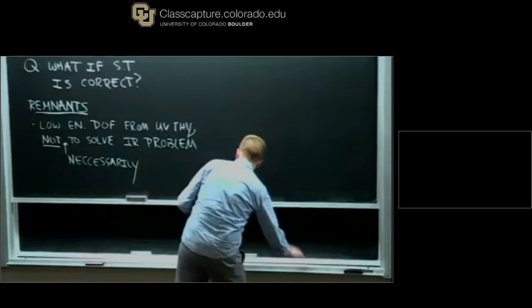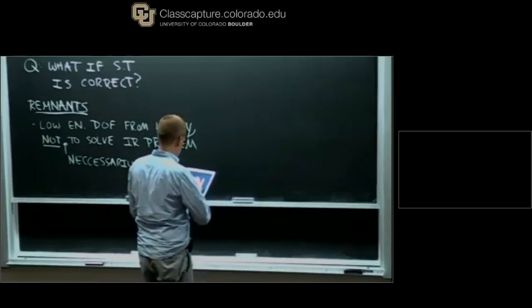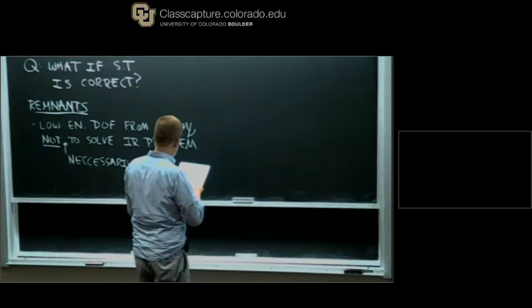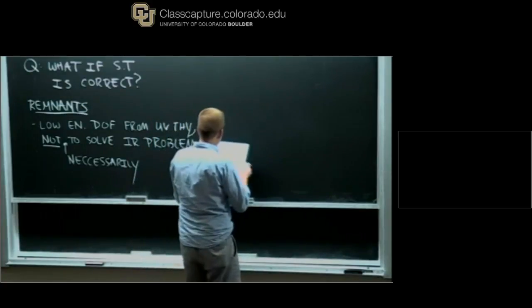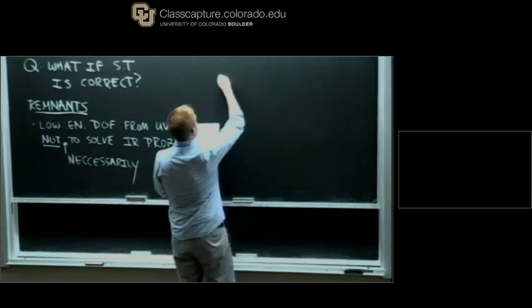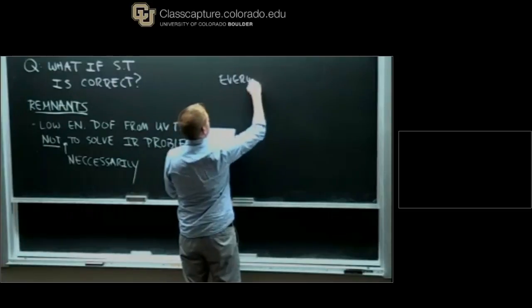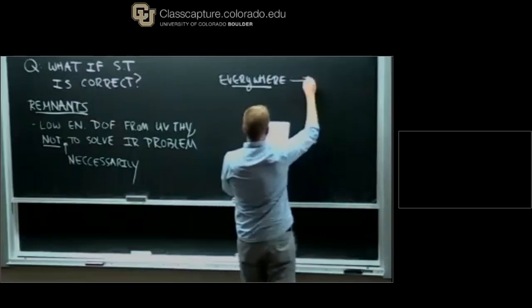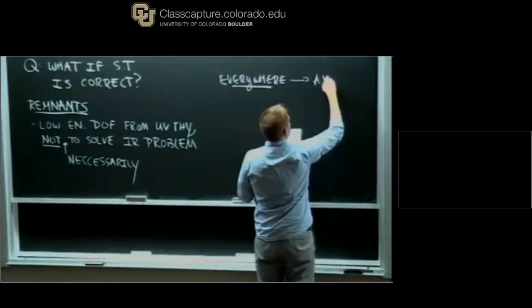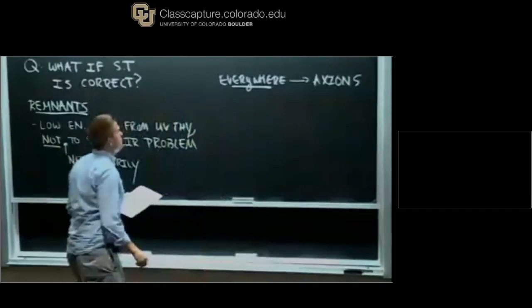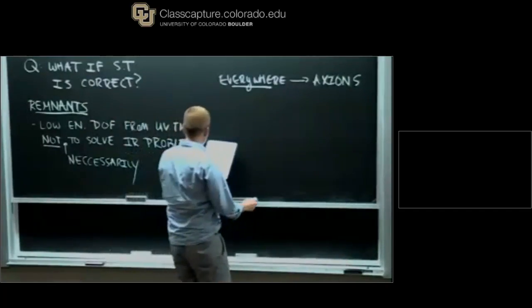And the basic idea, just recalling the outline from last time, is that basically everywhere you look in string theory, and I'll try to quantify some version of what everywhere means, you get axions. I'll try to give you a little bit of a framework for thinking about that and some of the different things the axions can do.